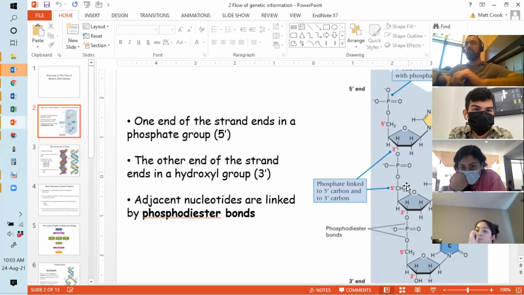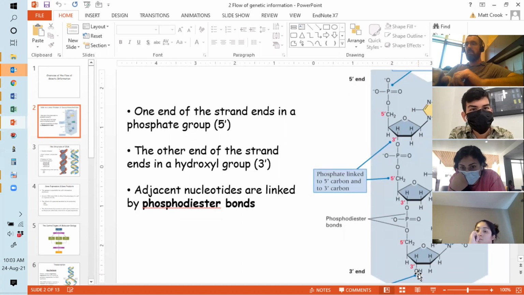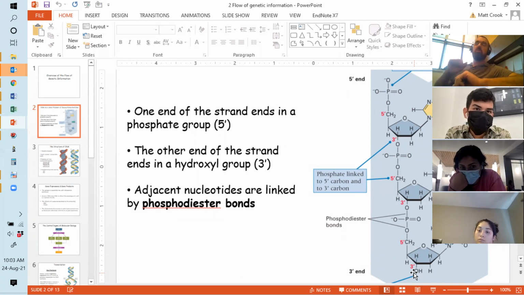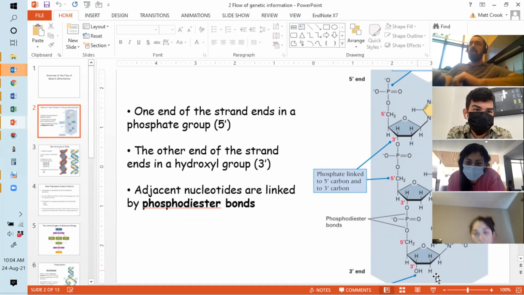And the third carbon, if you go all the way down here, has a hydroxyl group. And that hydroxyl group is essential for adding another nucleotide onto it. So DNA can only get added or made in the 3' direction. You can't add anything to the other end, right? So that's why DNA replication is directional.